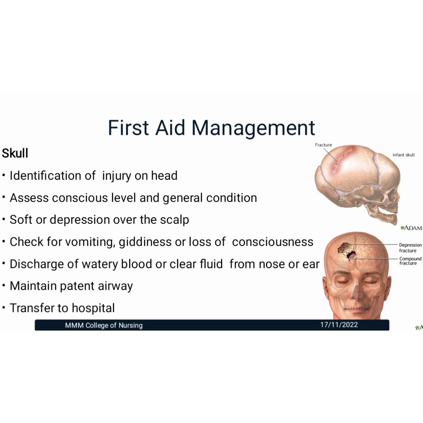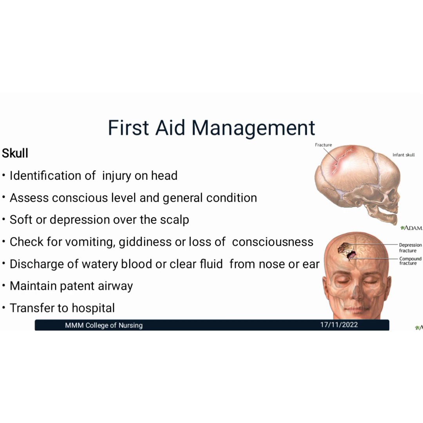If the patient is identified with a skull fracture, that is head injury, first check the risk for head injury and assess the conscious level and general condition of the patient, especially the breathing pattern. Check for any soft area or depression over the scalp.